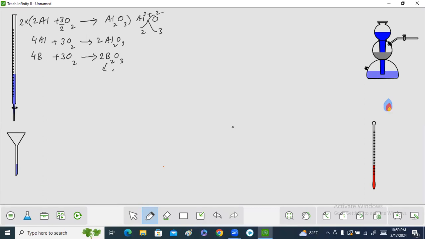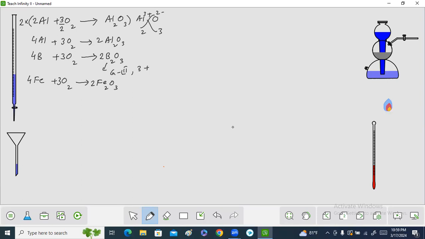So all group 3 elements and the elements having 3 positive charge can balance in the same way, like iron. If it reacts with the oxygen to form iron 3 oxide, Fe2O3 is the iron 3 oxide, you can use the same balancing coefficients for all the elements having 3 positive charge.